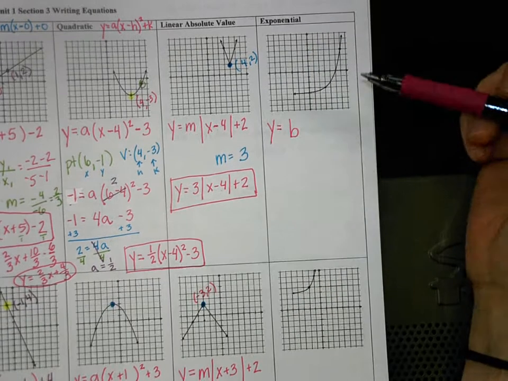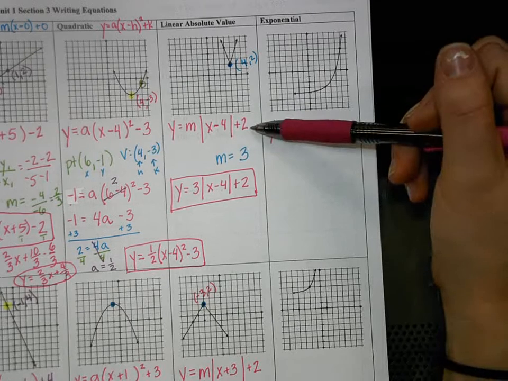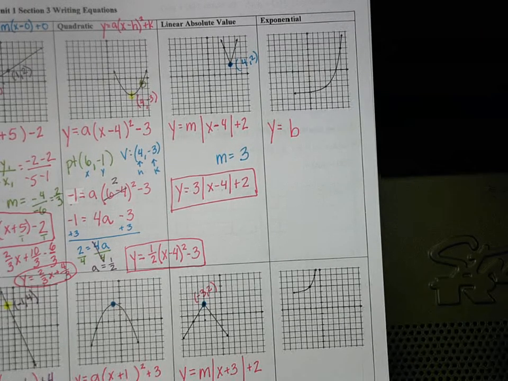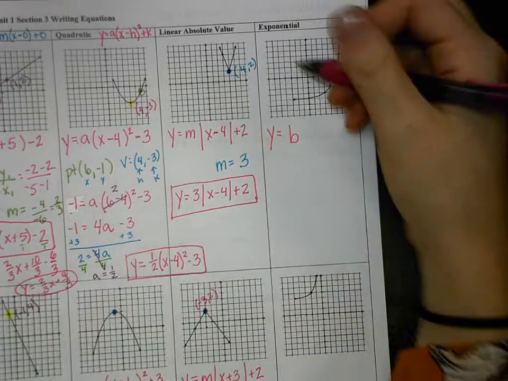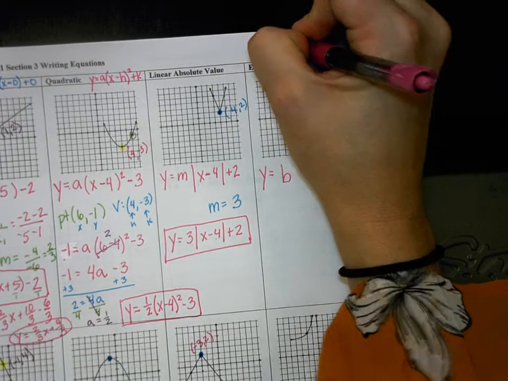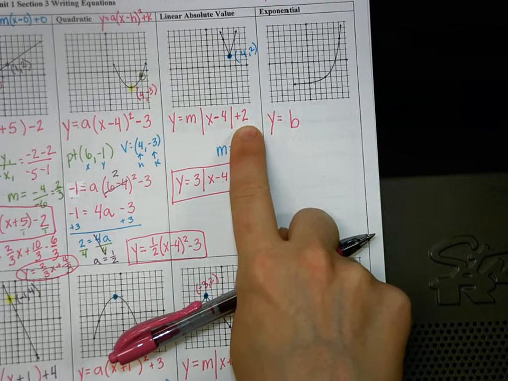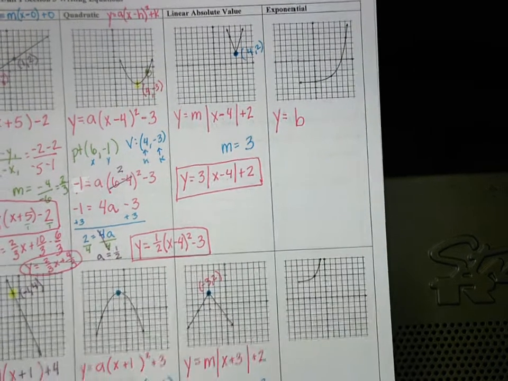So whatever happens last is addition and subtraction in order of operations, because if you have PEMDAS, addition and subtraction is last. So that plus or minus 2 at the very end is my change for my y value.